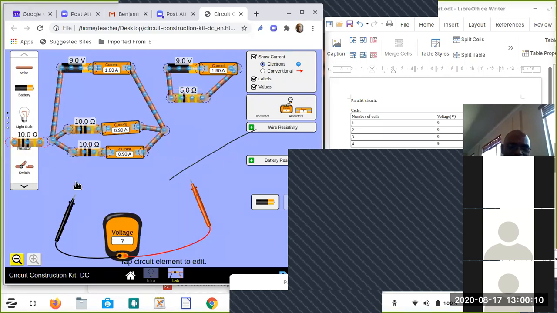I'm going to add another resistor here. Right?